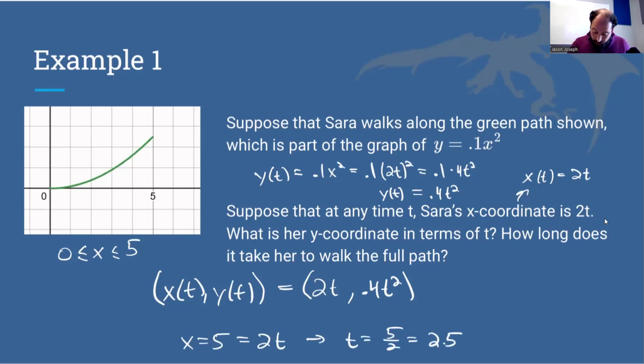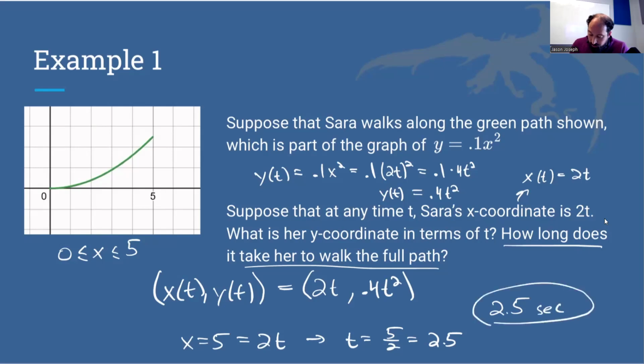And this question, how long does it take her to walk the full path? At time 0, she's at 0, 0, the origin. At time 2.5, she's at the final point there. So it takes 2.5 seconds, or whatever the unit of time would be. I'll just put seconds. Usually that's what we'll use.